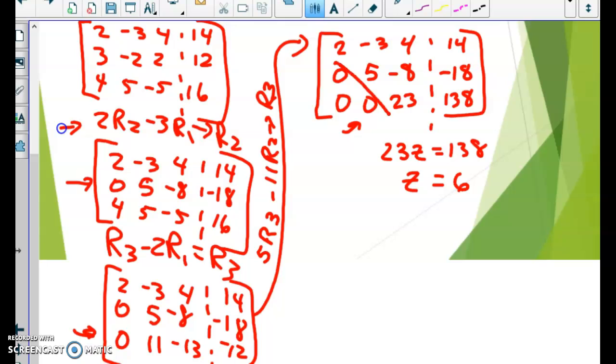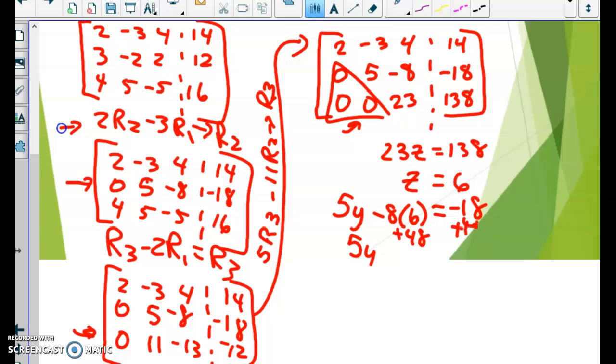So once I get, again, the zeros in that front triangle, I can just use regular algebra to solve the rest of it. So I get 5y minus 8 times z equals -18, which, I'm going to add 48 to both sides. I get 5y equals 30, y equals 6.